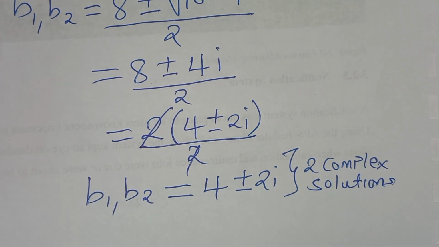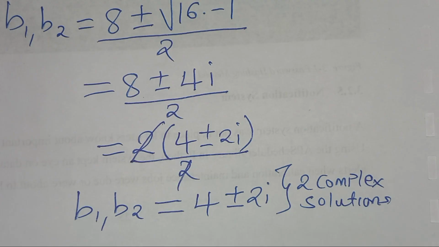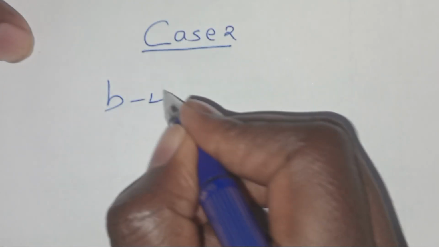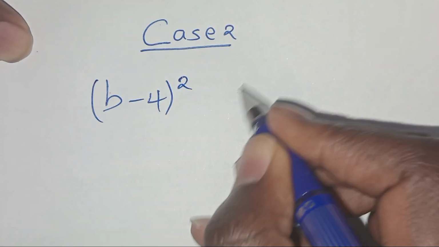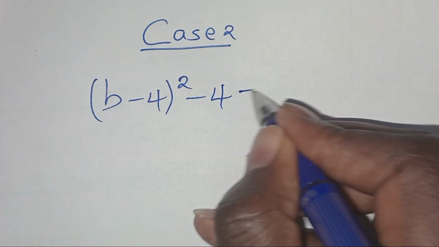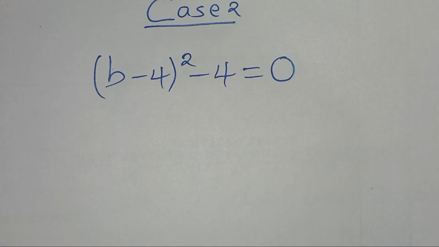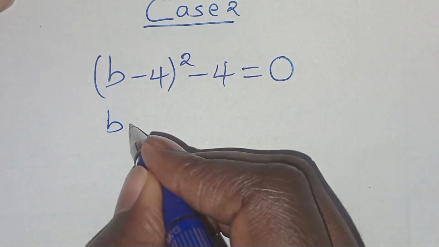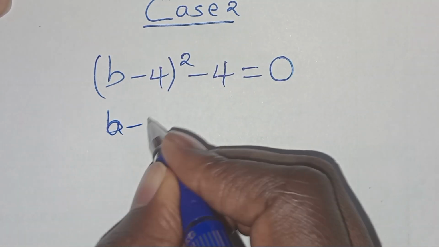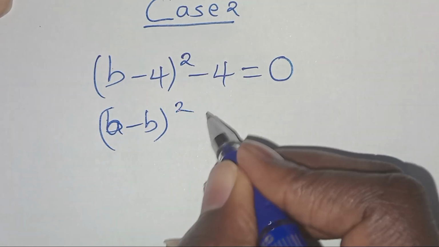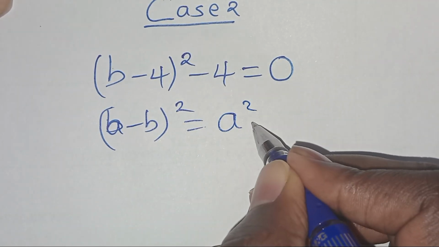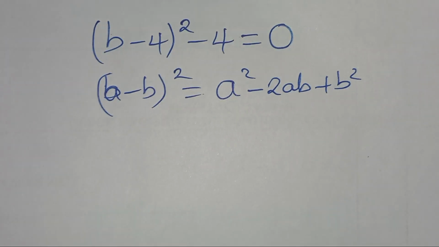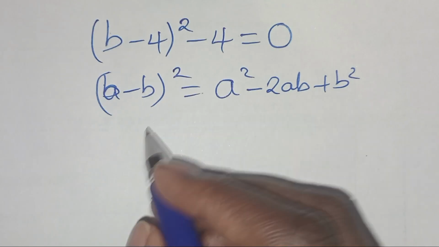So let's proceed to case 2. We solve for b3 and b4. Now in case 2, we have (b - 4)^2 - 4 = 0. Now (b - 4)^2 is in the form of (a - b)^2, which you can express as a^2 - 2ab + b^2. So let's expand this.